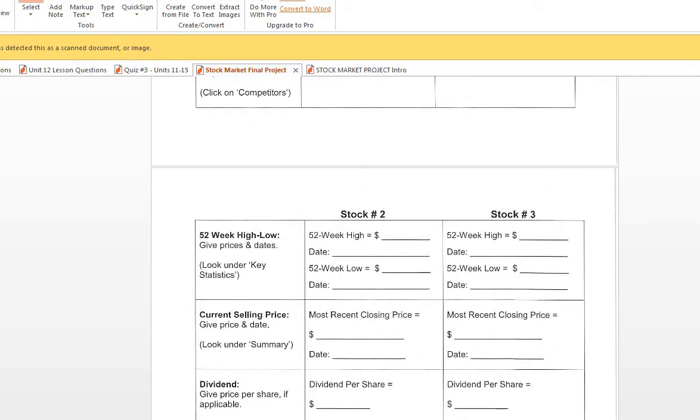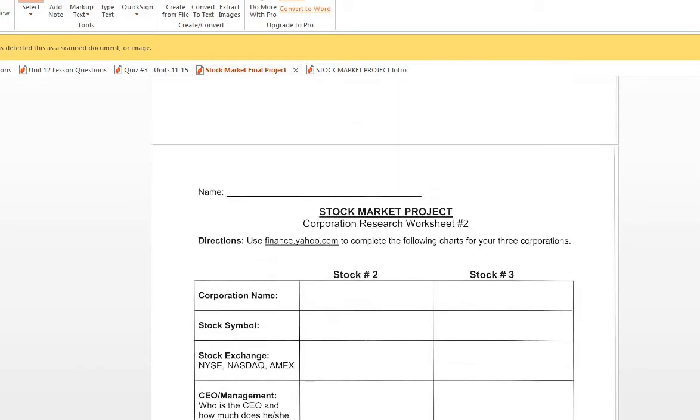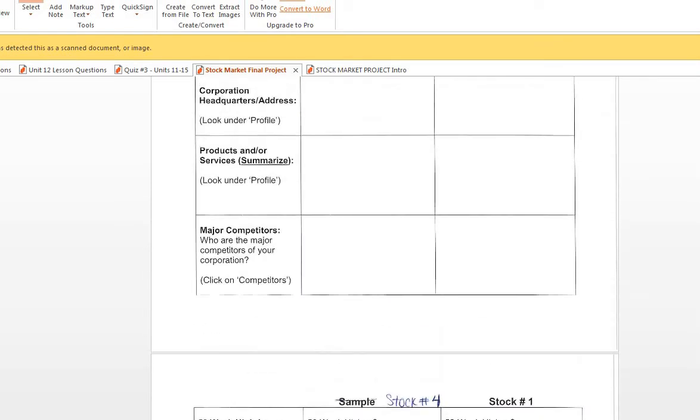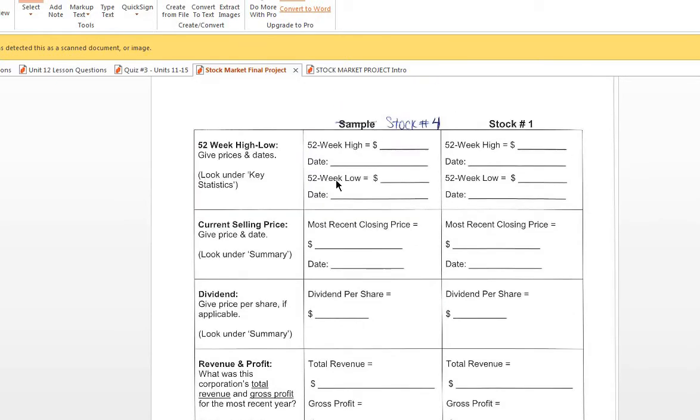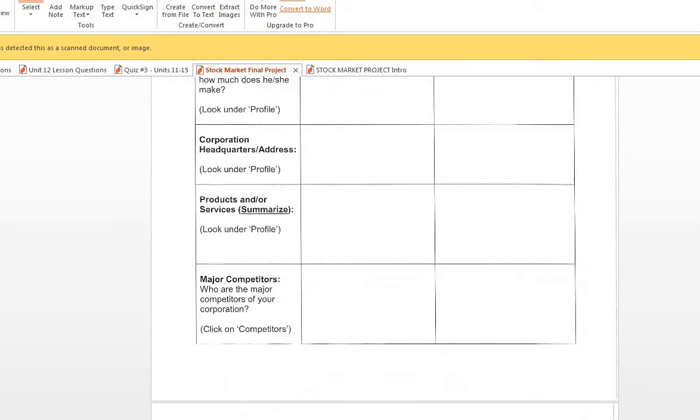So there's 2 sets of research that you're doing for the same stock. This is page 1 for the same stock, and this is page 2 of this same stock's research. It just is continued on to the next page, and you have 2 sets of those. So I hope that's clear.